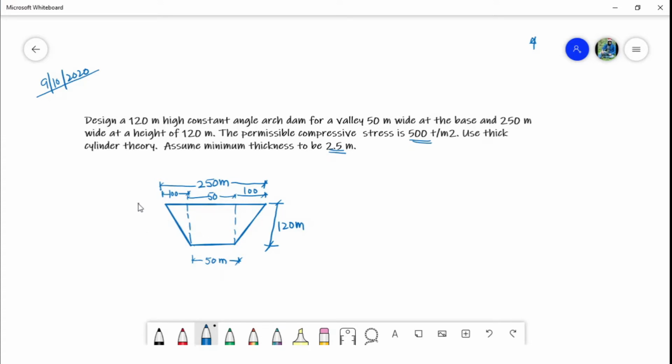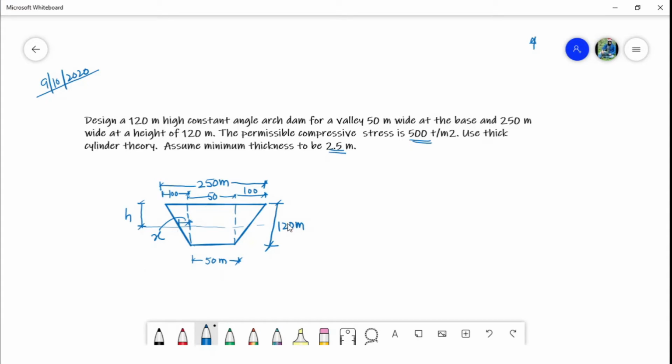Suppose at a depth of h meter from the top, this width is x.